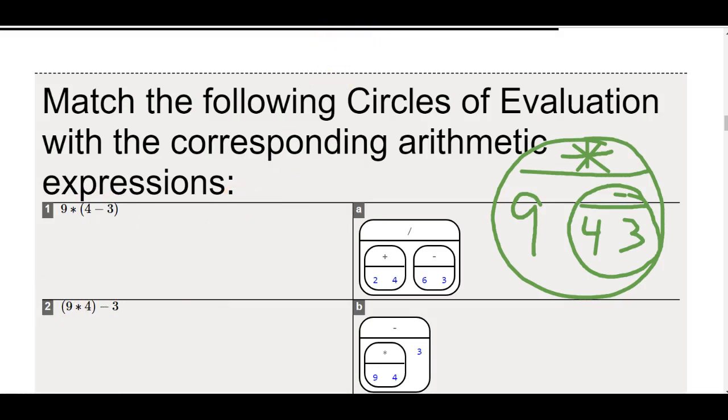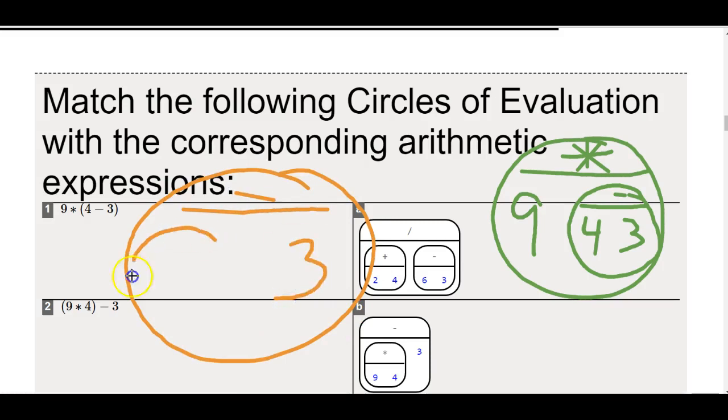So let me get another color for this one. And see how this would work out differently. This one over here evaluates to 9, right? 4 minus 3 is 1, and then 9 times 1 is 9. What about this one? Well, this one is going to subtract 3 from the product of, and the product means multiply, right?